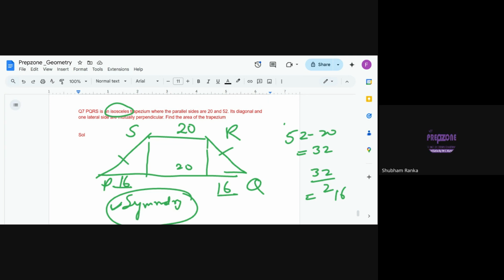So do you think from symmetry I can understand this question? This part, I mean the 16 part. Sir, I understood this much that PS and RQ will be equal because of the isosceles trapezium, but the distance, the length we are calculating below, the 52 one, how does this 16 come, I don't understand. See, because what is PS is same as RQ, no?